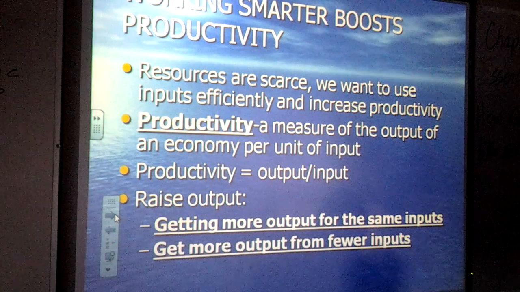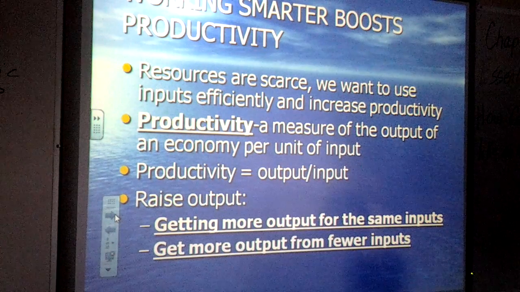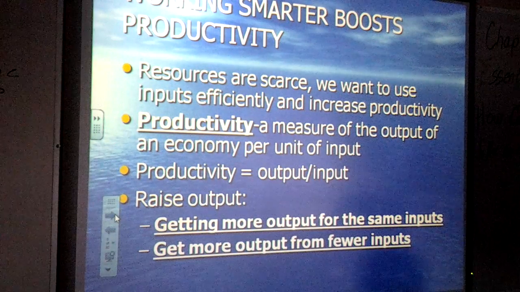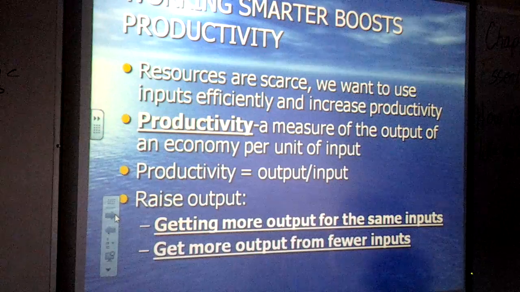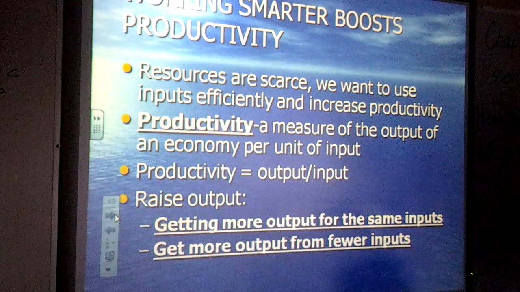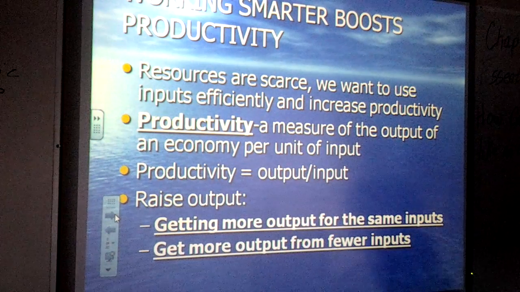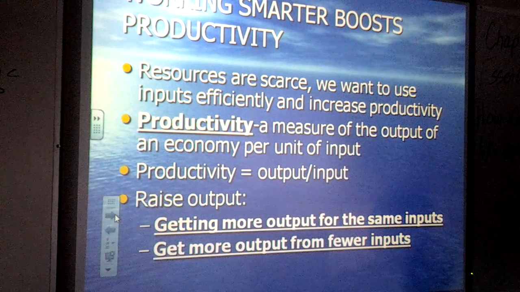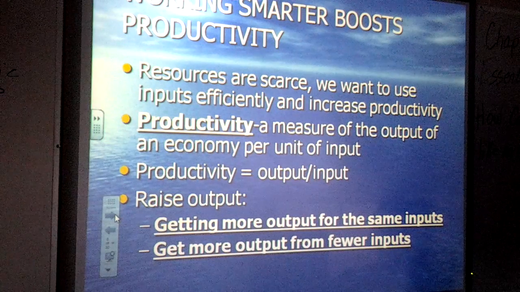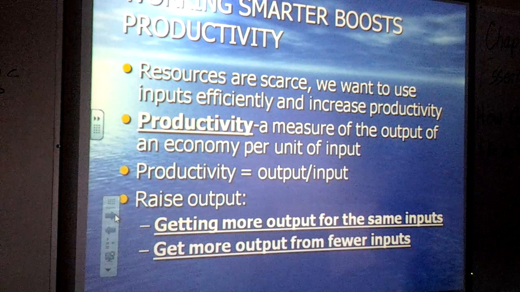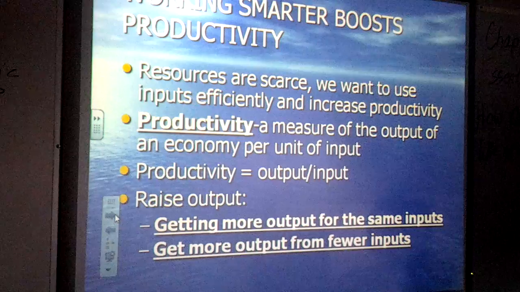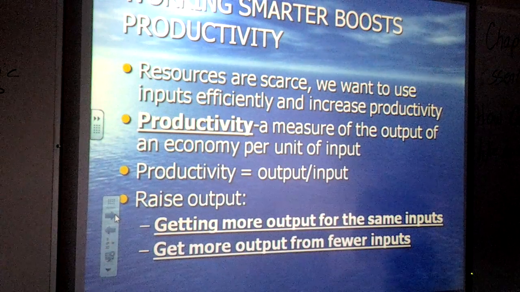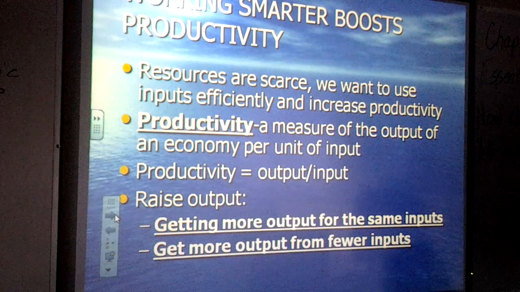The second way to increase productivity is you figured out a new method where for fewer resources you're getting more output, or even the same output, but you have to use fewer resources to do that. So that is also working smarter, increasing productivity. Okay, everybody understand this?